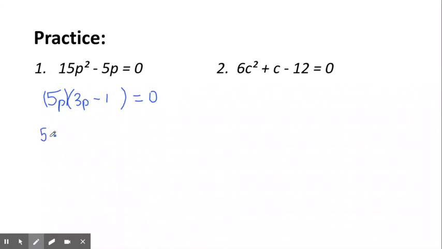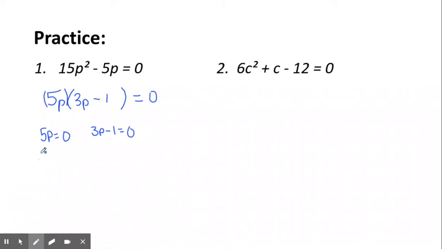Either 5p equals 0 or the 3p minus 1 equals 0. I was trying to use this strategy of writing as I filmed instead of animating all of the stuff to pop up, but I don't know if I like it. Once you set each part equal to 0, what's our last thing we're going to do?